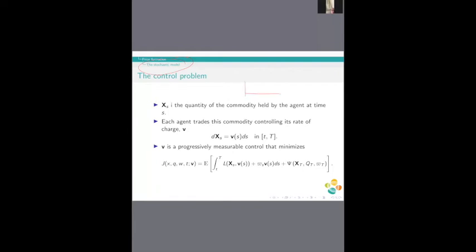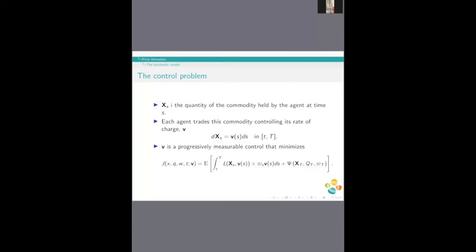So for every realization, the price and the supply are random processes. So we have a quantity of a commodity owned by the agent. The agents control their trading rate, and they want to minimize a similar function as before. So they want to minimize a similar running cost plus price plus terminal cost.